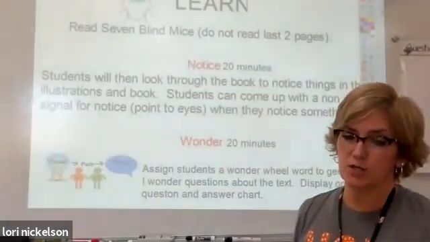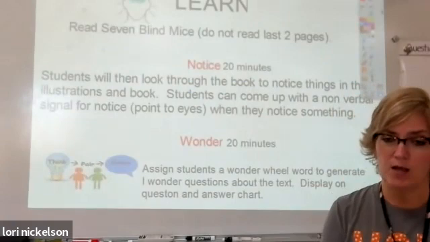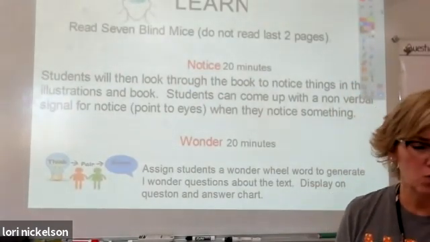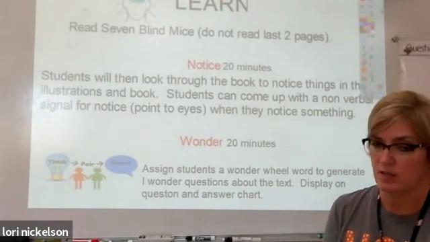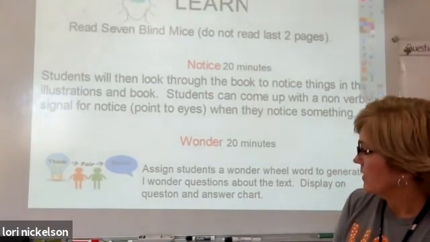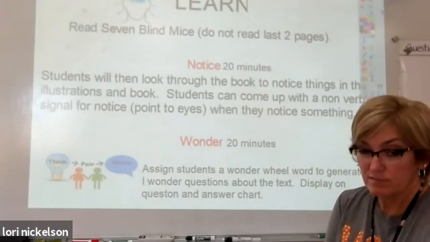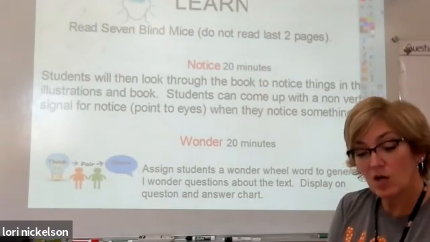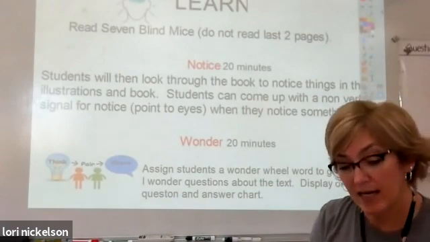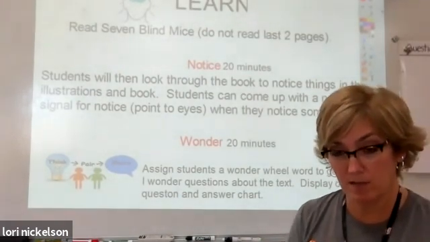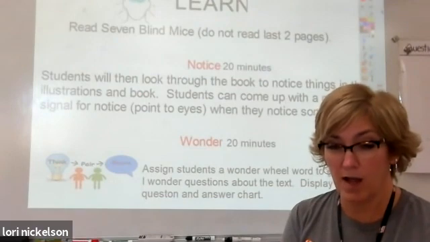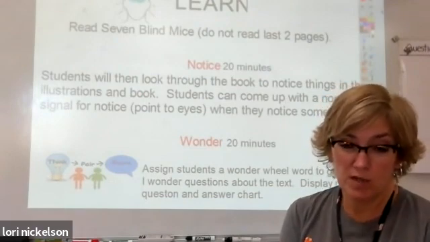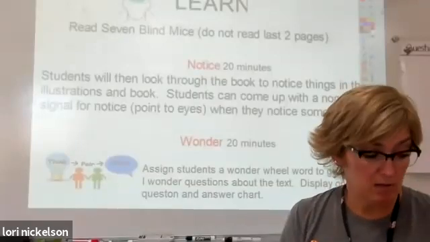So when you wonder, you need to put a wonder question word there to help us try to figure out what's going on. So I wonder why they all didn't go all over this item back and forth like the white mouse did. I want to know why they didn't do that. Because only the white mouse did that.